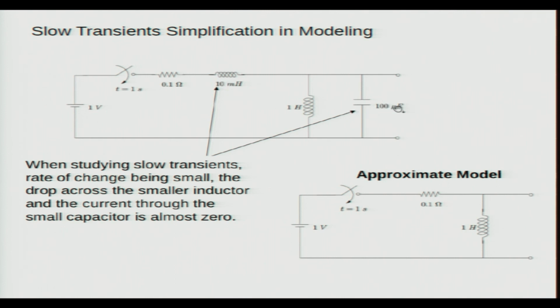So, in that case we can assume that this inductor practically has no voltage across it when the rates of change are very slow, and the capacitor has practically no current flowing through it when the rates of change are very slow. So, in that case we get a simplified RL model.